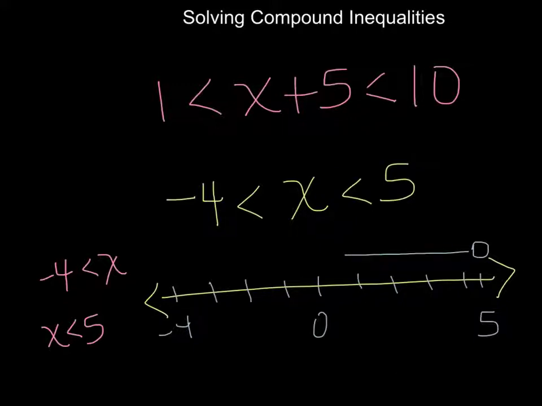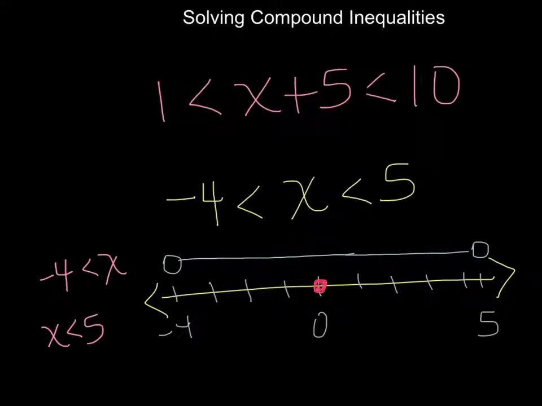But then my second part is negative 4 is less than x, or x is greater than negative 4. Again, open circle, but going to the right. So any number that falls on this number line in between negative 4 and 5 will make this statement true.